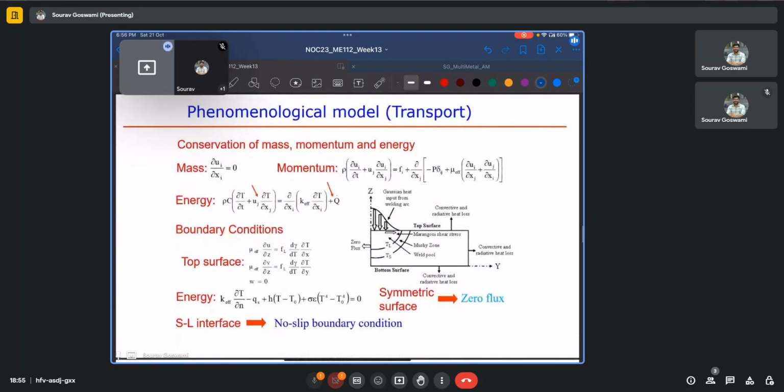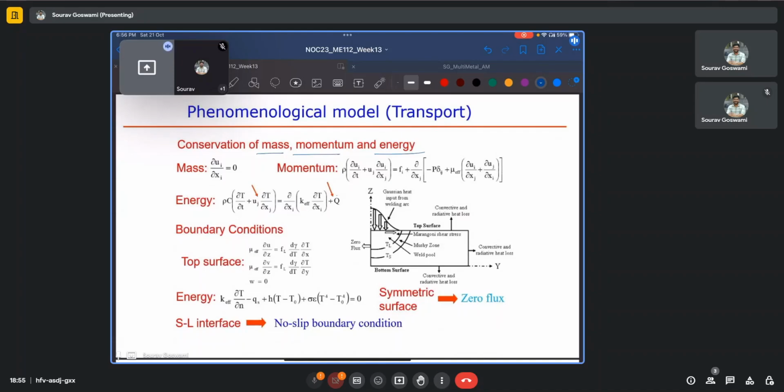So rather than solving just the heat transfer, we can also solve for both the heat transfer and the mass transfer, which will then become the case of solving the transport equations. So primarily they are the conservation of mass, the conservation of momentum, and the conservation of energy. And those equations are shown here.